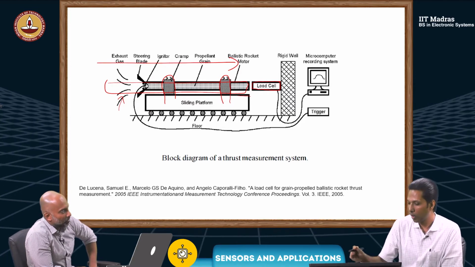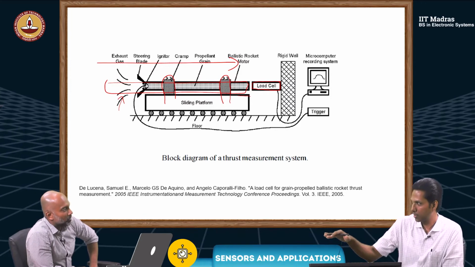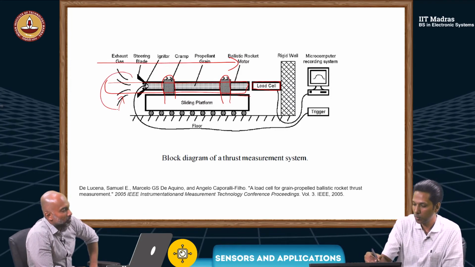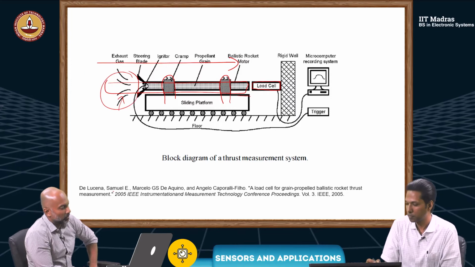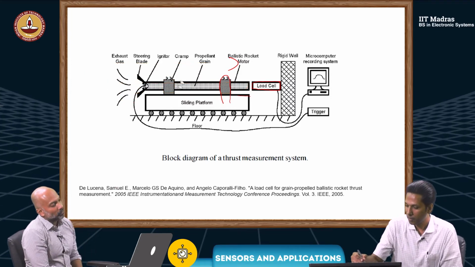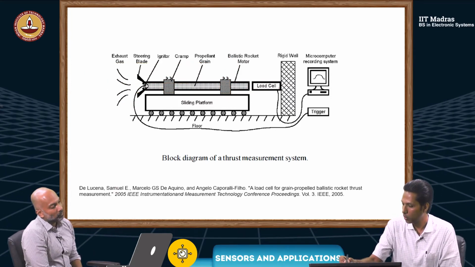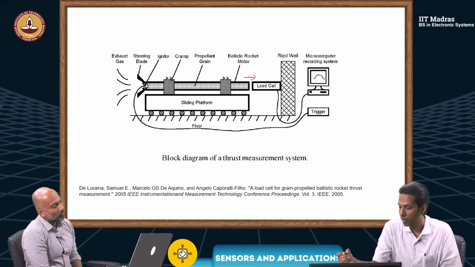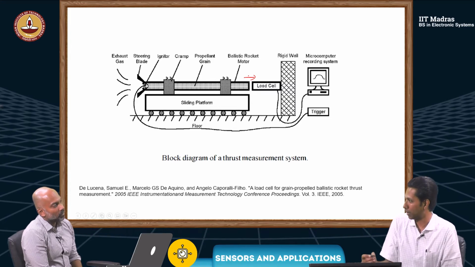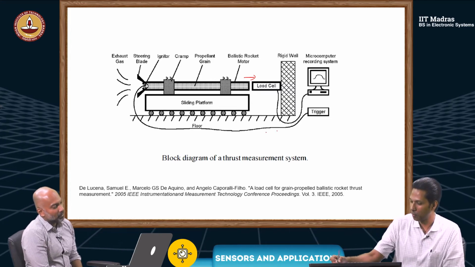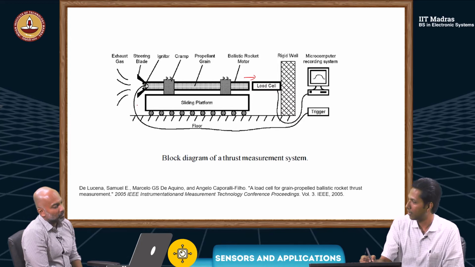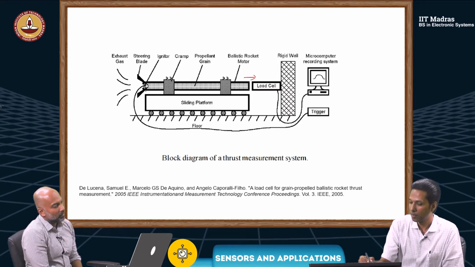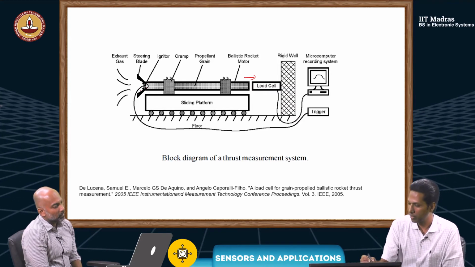Right. So we want the rocket to move freely in this direction, and it has to be due to this activity, of course. So the design is like this. You have a load cell, and you are measuring how much force is given to this load cell by the rocket. There is a triggering mechanism; the firing of the rocket is by this trigger.